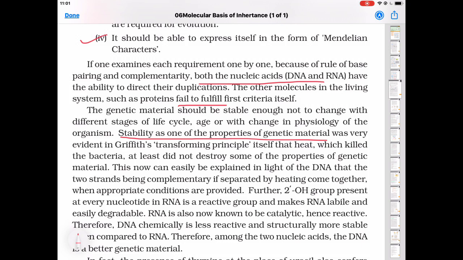In Griffith's experiment, we have seen that heat-killed DNA has some properties which can transform the R strain bacteria into S strain. This can be explained in the light of DNA: the two strands being complementary, if separated by heating, come together when appropriate conditions are provided. On heating we can denature the DNA and separate the strands, but under suitable conditions they will join again.